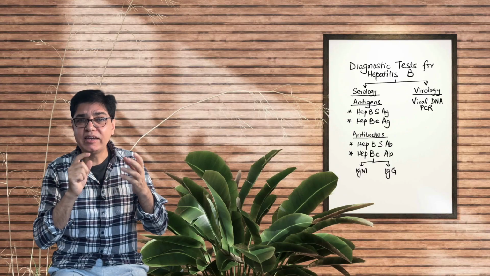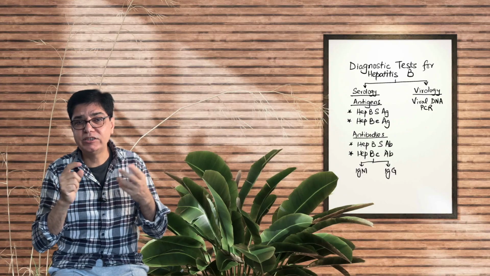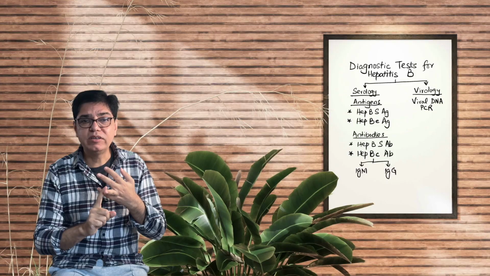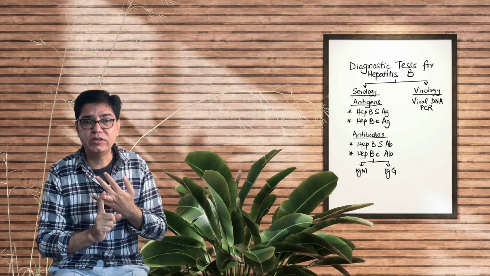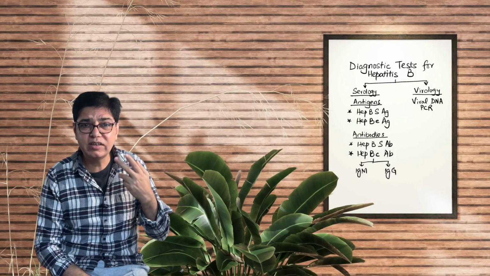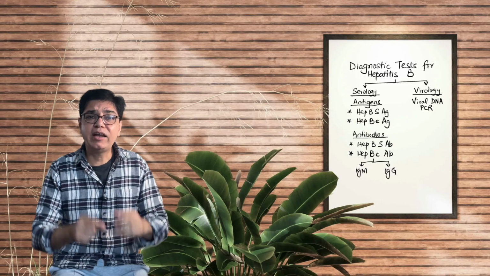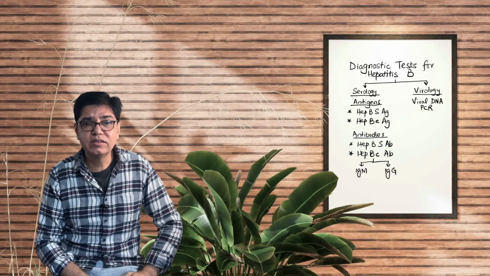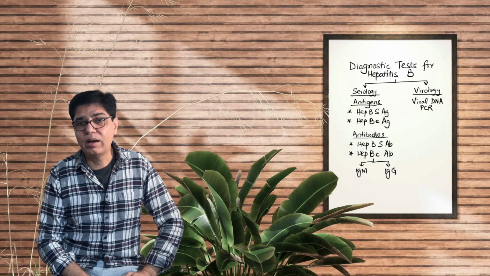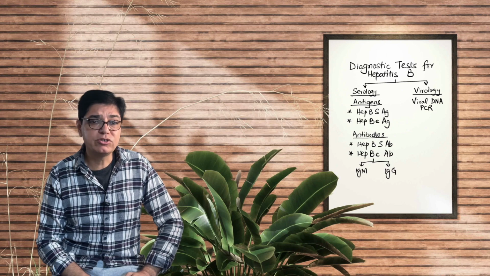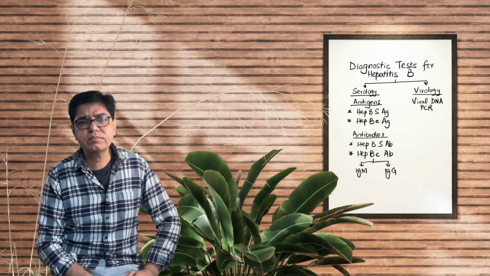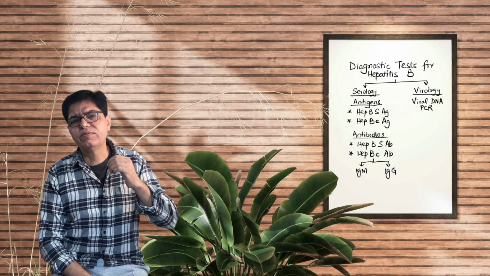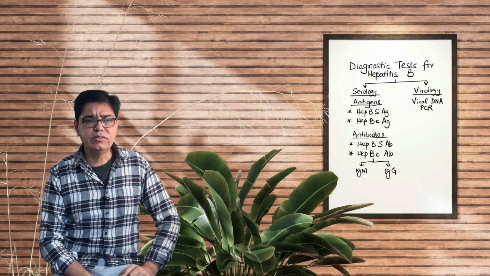So core antibody again can be of two types, IgG or IgM. And the second antibody is hepatitis B surface antibody. So two antibodies, core antibodies and surface antibodies. And as far as the virological tests are concerned, it is just hepatitis B viral DNA, which is done via the PCR method. So let's first start with the serological markers.